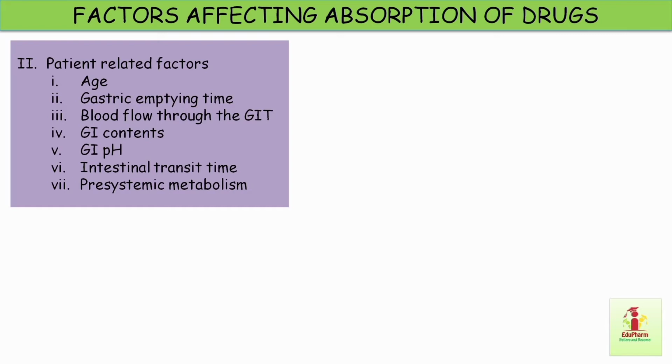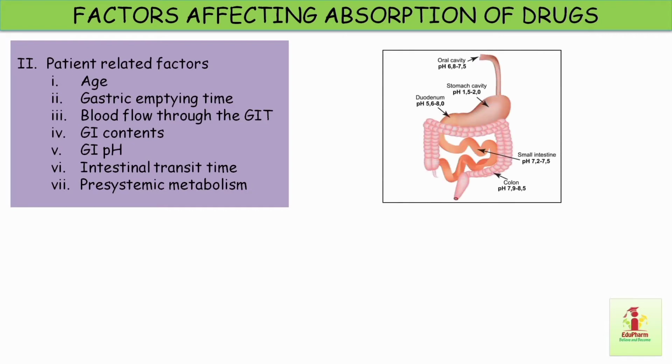Before dealing with the patient-related factors influencing bioavailability as well as absorption of drug, let's take a quick look at the anatomy and physiology of the GI tract. Three major components of the gastrointestinal tract are stomach, small intestine, and large intestine. Small intestine includes the duodenum, jejunum, and ileum.